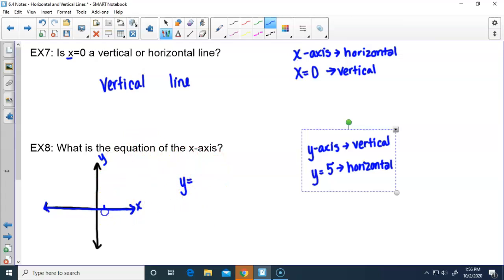If you think about the points on this line, let's say we've got the point right here, that is 1, 0. The point right here, that is negative 2, 0. Over here, we would have 4, 0. All of those y coordinates are 0. So the equation of the x-axis is actually y equals 0. It seems a little bit backwards, but when you think about graphing those points, it makes sense why that has to be the case.